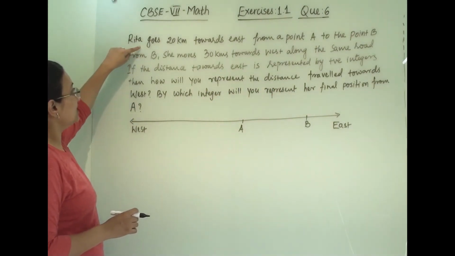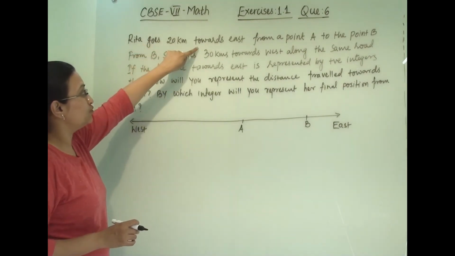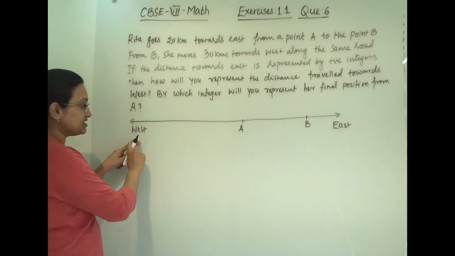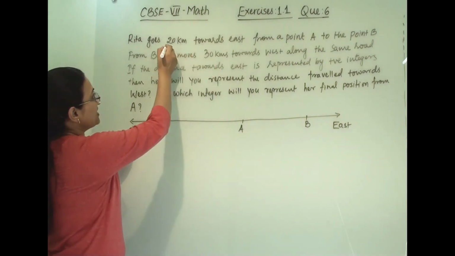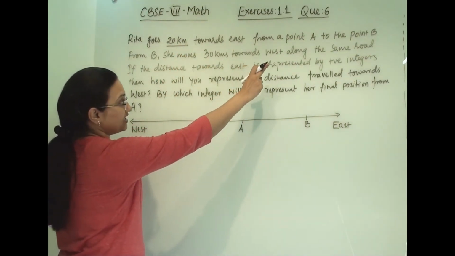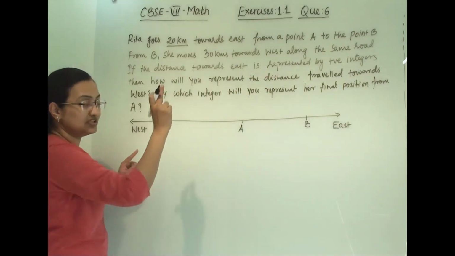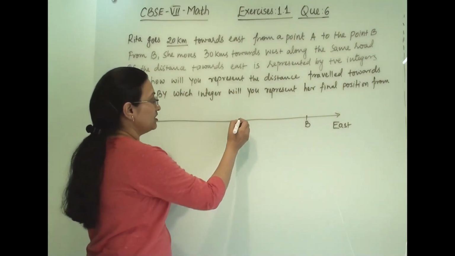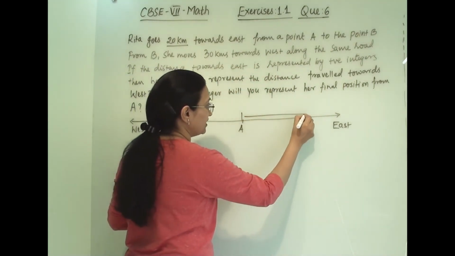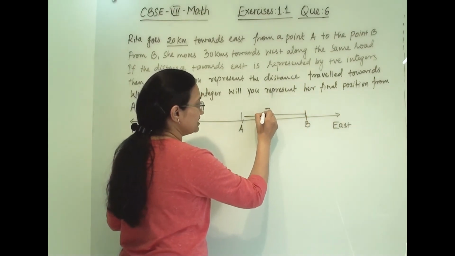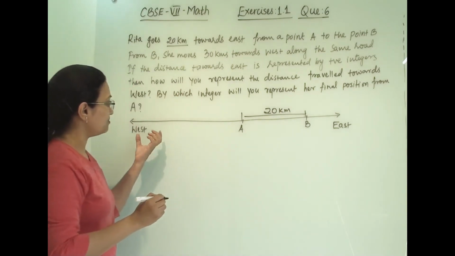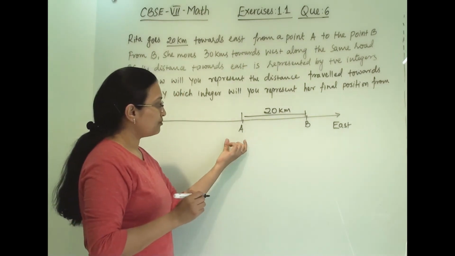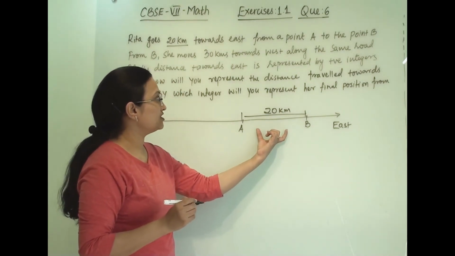So first, Rita goes 20 km towards east, from west to east, from point A to the point B. This is the distance between point A and B, 20 kilometers.